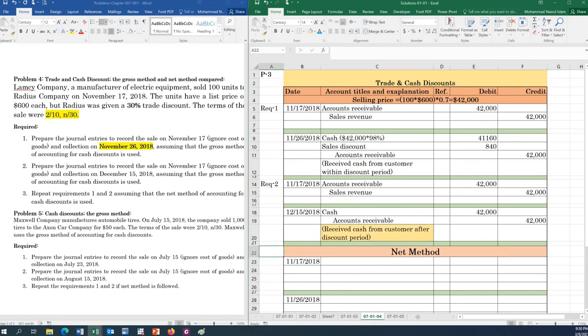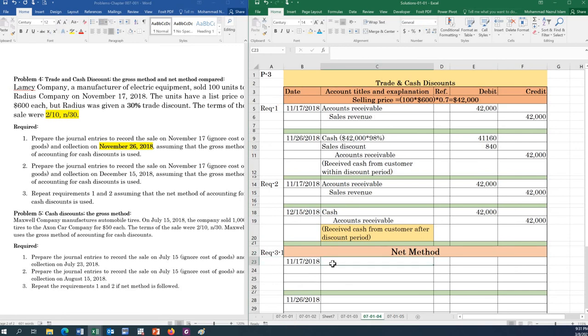Okay, now, so the requirement number 3, it is saying to repeat requirement 1 and 2, assuming that the net method of accounting is followed. Okay, that's good, very good. So requirement 3.1. Why 3.1? Because requirement 3 we are doing, but we are following this one.